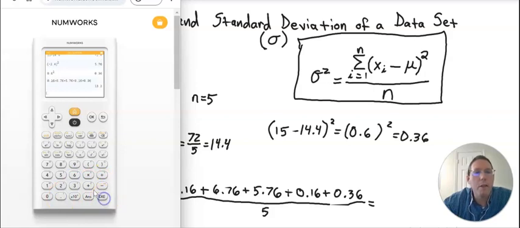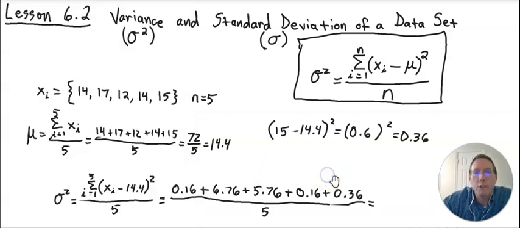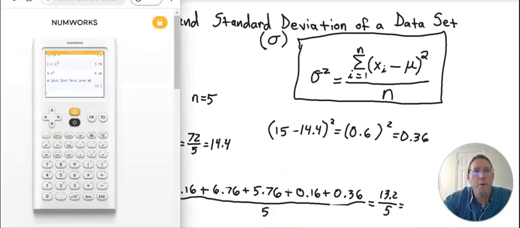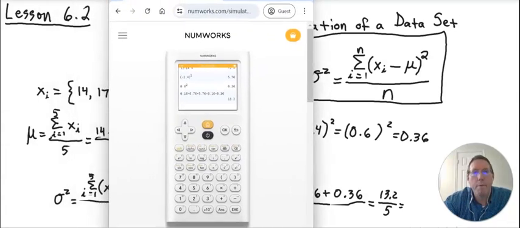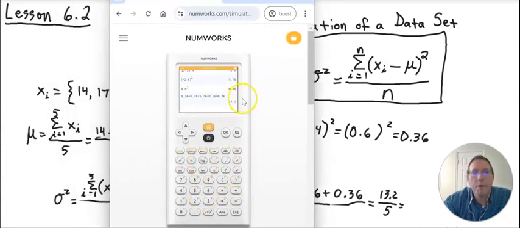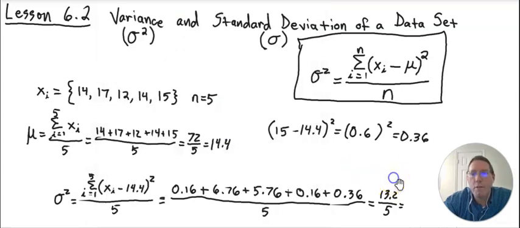And what we wind up with is 13.2. So this is 13.2, and then all we have to do is divide that by 5. So take our 13.2, bring this a little closer. All right, 13.2, we're going to hit divided by 5, and that gives us 2.64.